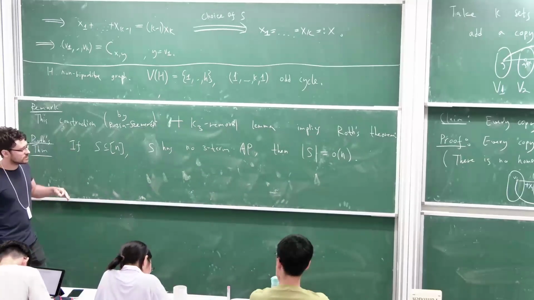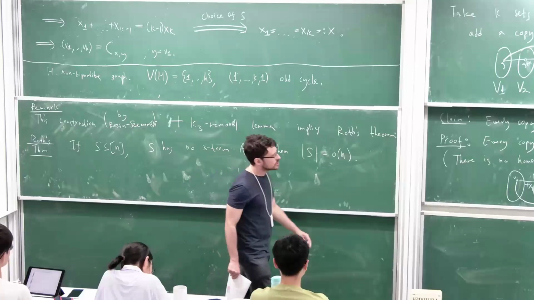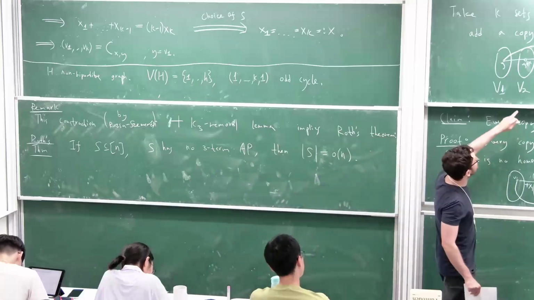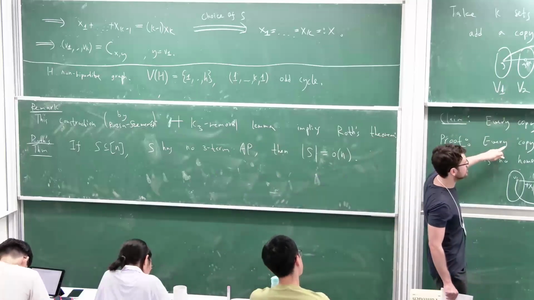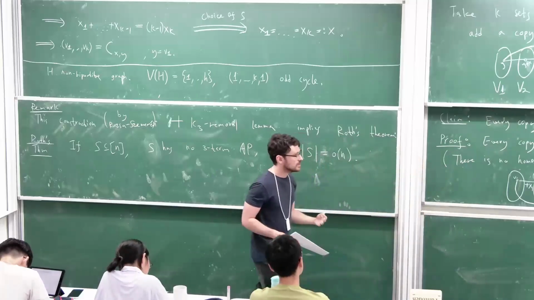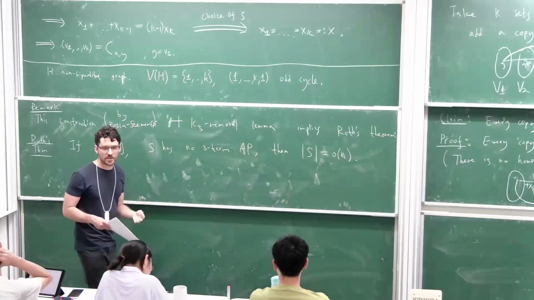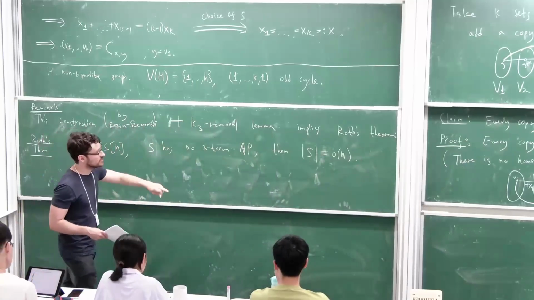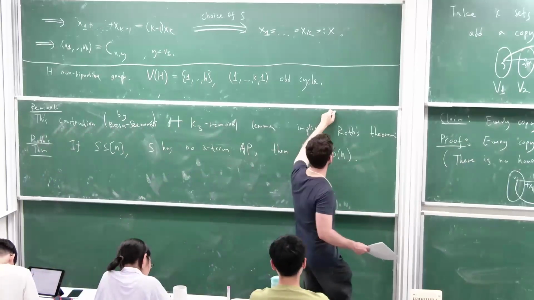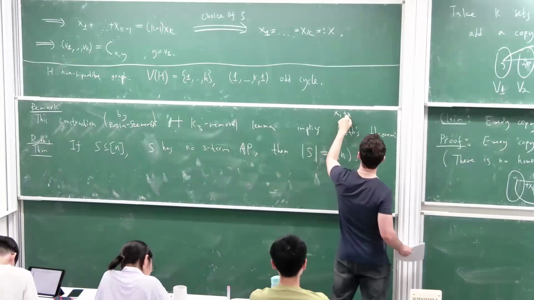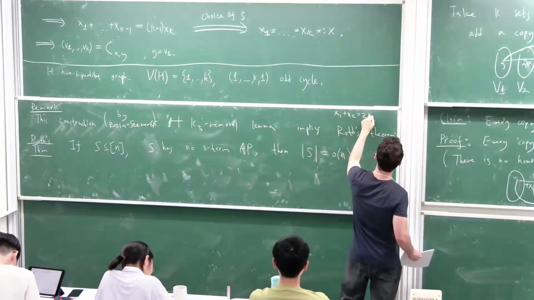The point here is that we have this construction that started from, not written anymore, but we started from this set S. It doesn't have a solution to this equation, and we saw that the special case of this equation is a three-term arithmetic progression. So the special case is x1 plus x2 is 2 times x.